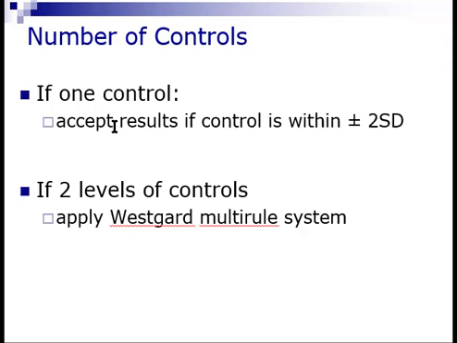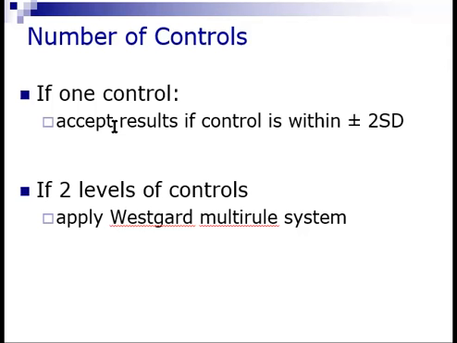So you're only running one control. So you just remember, no, that the values will be described as in control if it is within 2 SD. And then if there is just one value that will go outside the plus minus 2 SD, then that value will be considered automatically as out of control. Then we will reject the run and we will do corrective action.